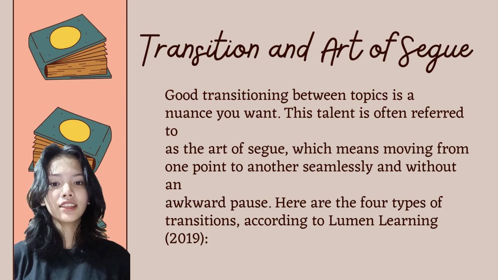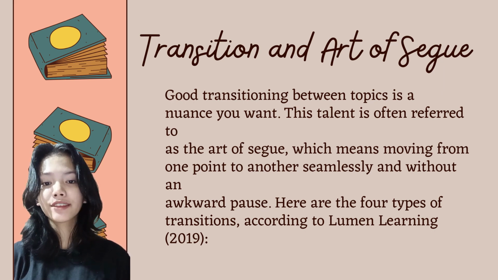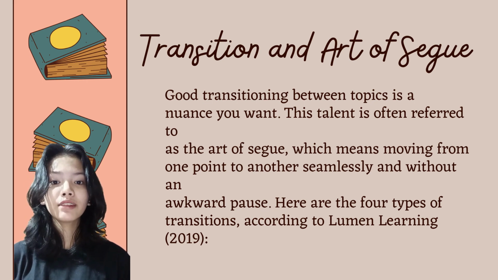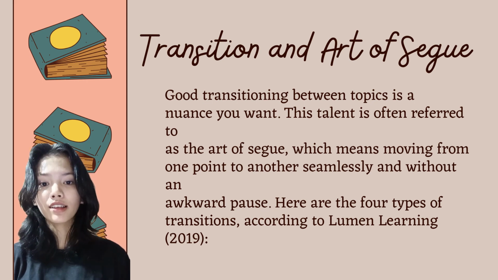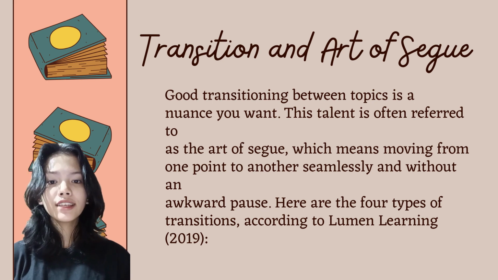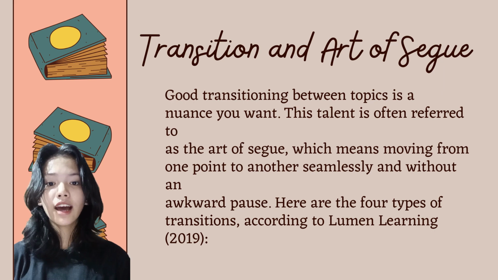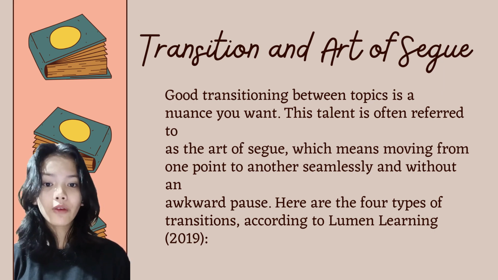A good transition is often referred to as the art of segue, which means moving from one point to another seamlessly without an awkward pause. That is why using transitional devices such as in addition, however, although, and many more is necessary to make our speech clear and precise.